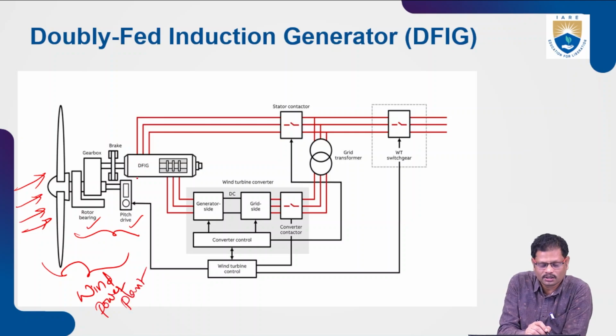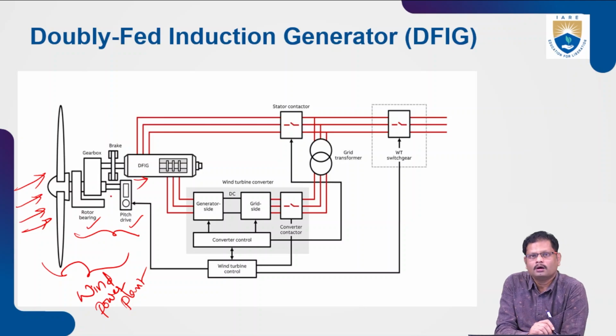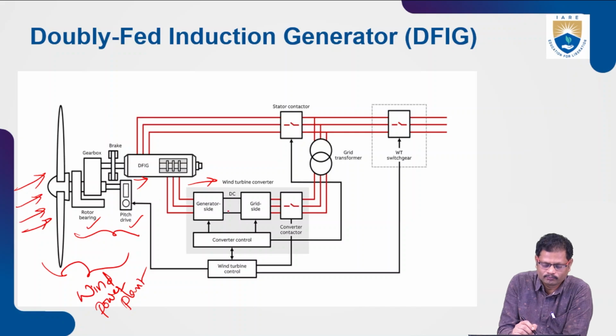So it is given to the DFIG as input. From the DFIG stator, it is given to the grid from the generator side by using power electronic converters.